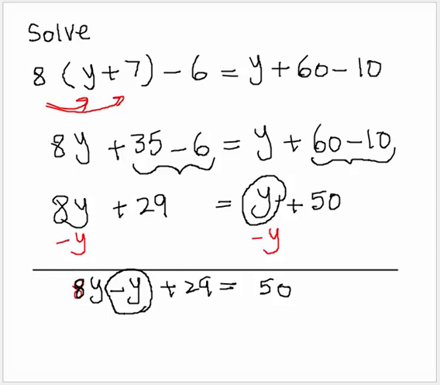I see a couple of students who still don't follow this. Okay, 29 because we have 35 minus 6. If you have $35 and you owe $6, you subtract 6 from 35, that gives you 29.